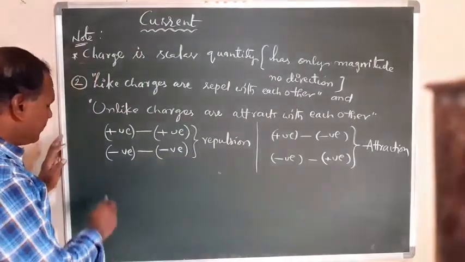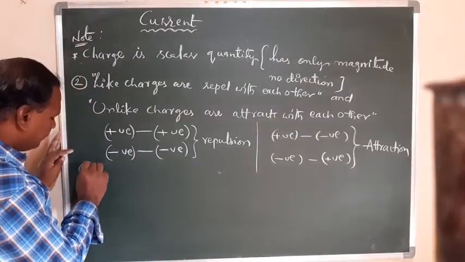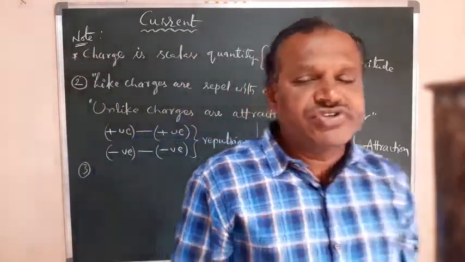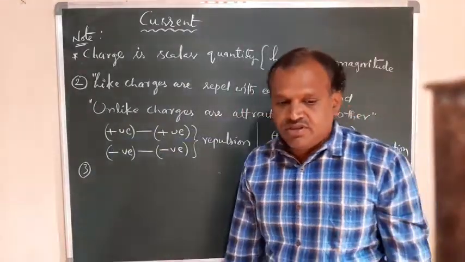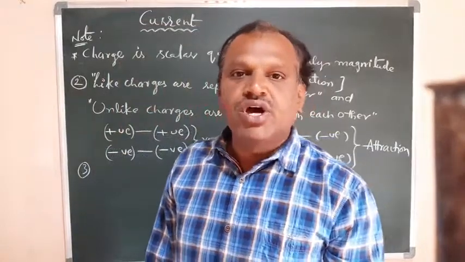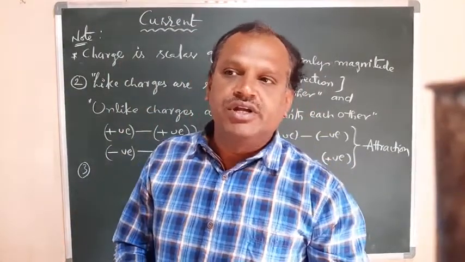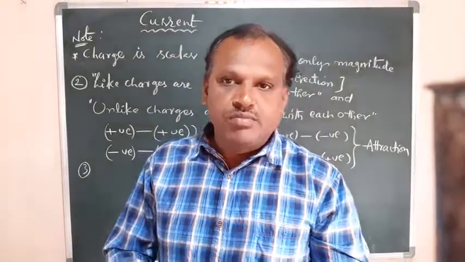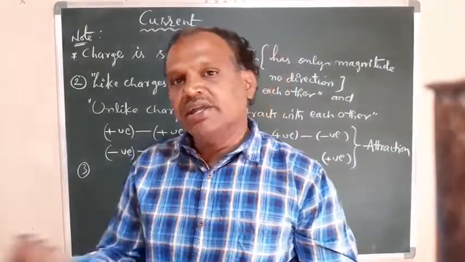You can remember, right? And coming to the third one. Okay, charge is conserved. Conservation of charge. So charge is neither created nor destroyed. It can be transferred from one object to another object. We can give the electrons or we can take the electrons.